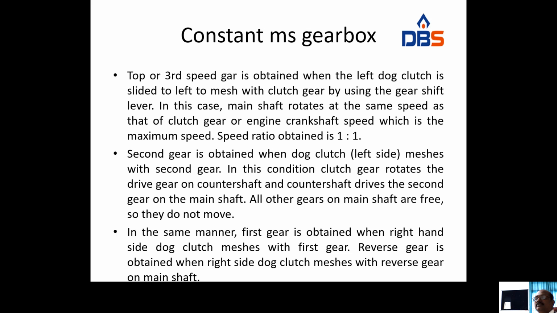When the first dog clutch moves to the left, it is the third gear, and when it moves to the right, it is the second gear. Similarly, for the second dog clutch, if it moves left, it is the first gear, and if it moves right, it will be reverse gear.